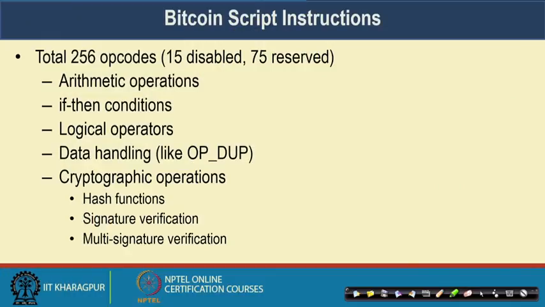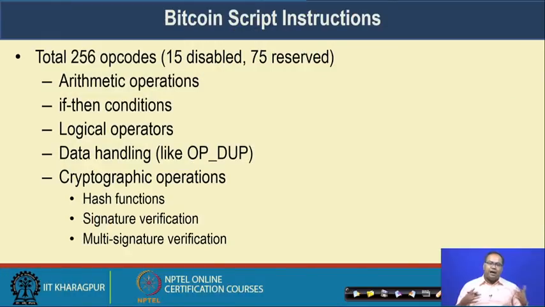Then you have cryptographic operators like the hash functions, the signature verification operations, and multi-signature verification operations, where the signatures from multiple users are combined together and used to verify signatures coming from a set of users. So, you have all these different kinds of opcodes as a part of your Bitcoin script.